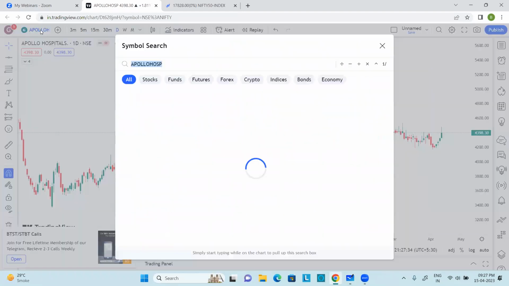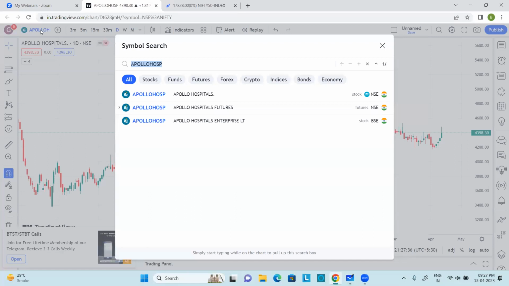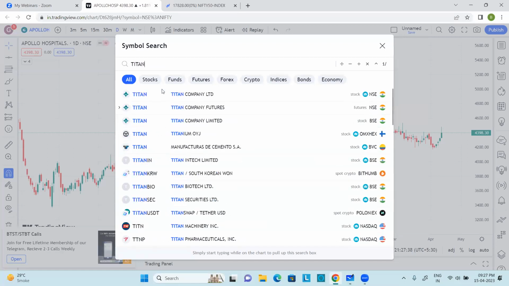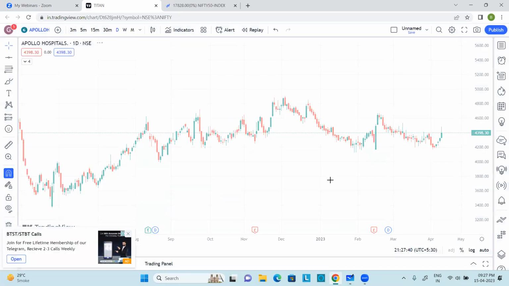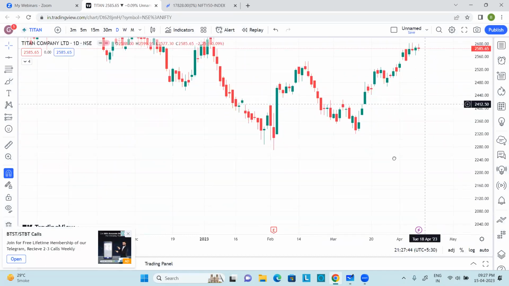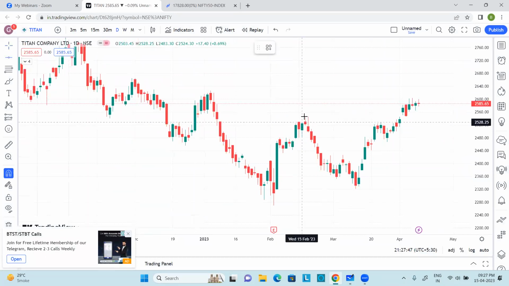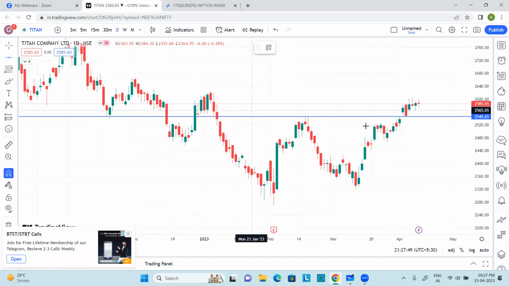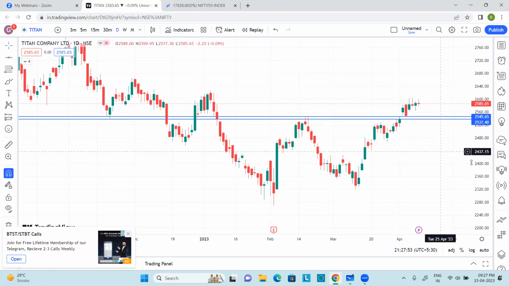Titan. It was a resistance and this is a close. हाँ, इसको बोल सकते हैं breakaway gap.